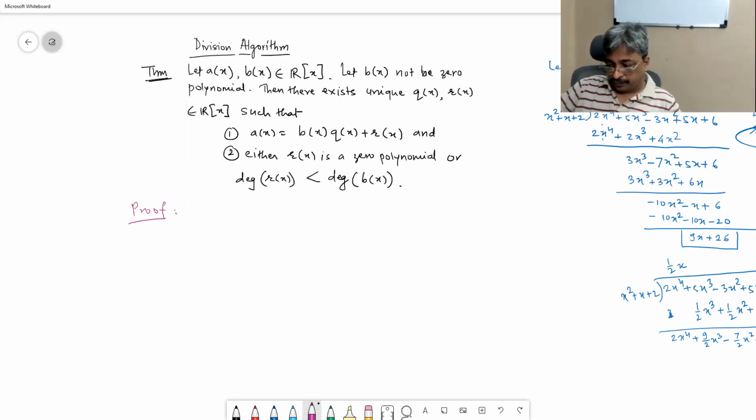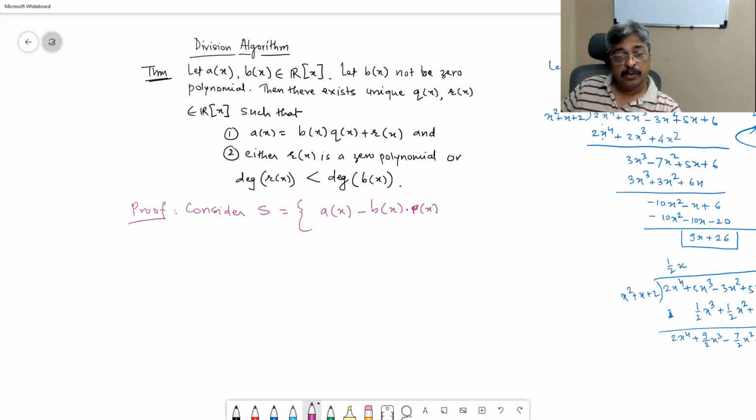Consider S, the set of all polynomials such that a of x minus b of x into p of x, any other quotient polynomial whose name is given q of x, where p of x is r of x.